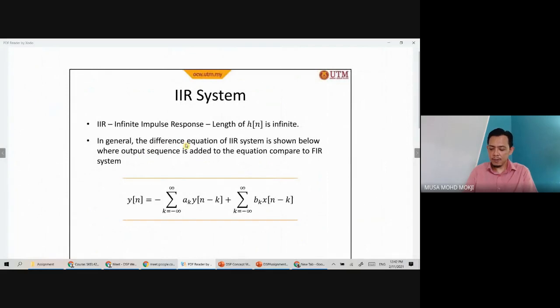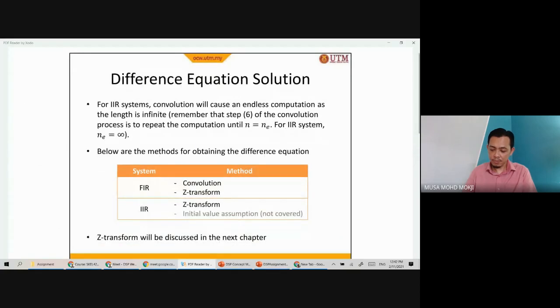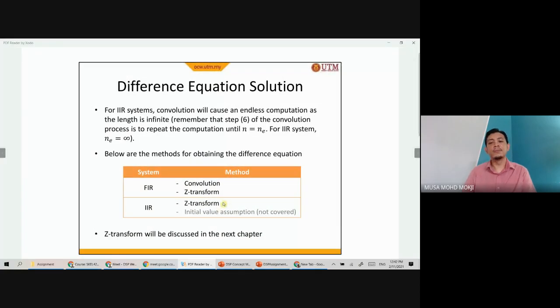So in general, the difference equation of an IIR system is shown below. This is the general equation for the difference equation. This is the summary: for an IIR system, convolution will cause an endless computation as the length is infinite. Below are the methods for obtaining the difference equation. For FIR, we can use convolution. Convolution is for FIR alone.